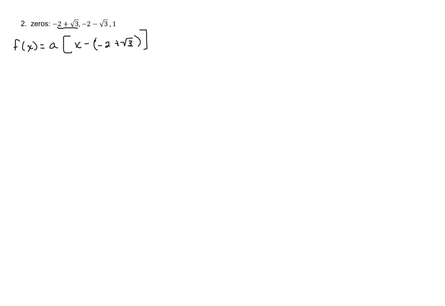You need to remember that anytime you're subtracting something with two terms, that thing that you're subtracting needs to have parentheses around it. Okay, my second factor is going to be x minus parentheses negative 2 minus the square root of 3. My last factor is going to be x minus 1, and I'm going to go ahead and put that in brackets just so I can have all of my factors in brackets. I could have put this in parentheses, but I think that just looks kind of weird.